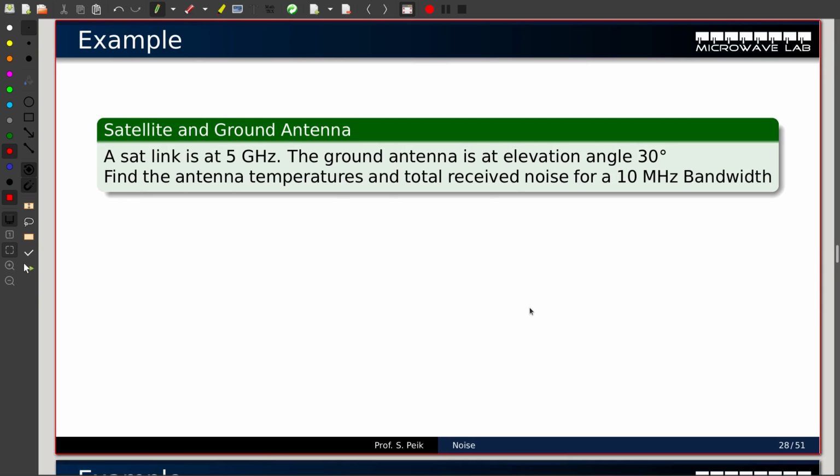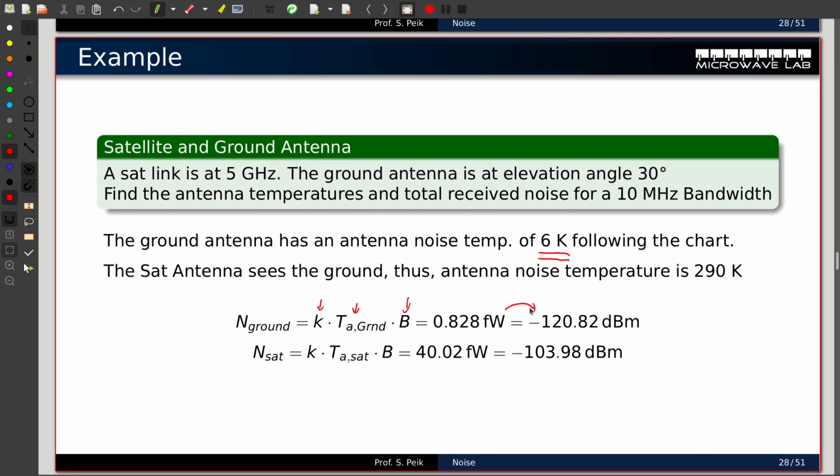In the satellite, we are in the sky, and we are pointing, well, take a look again here: ground station antenna, satellite antenna. My satellite antenna is facing the ground and has thereby 290 Kelvin.